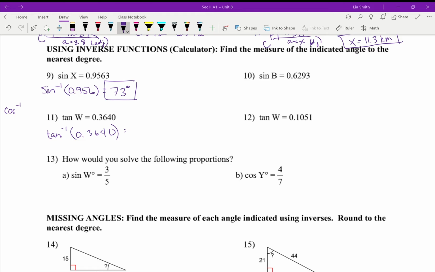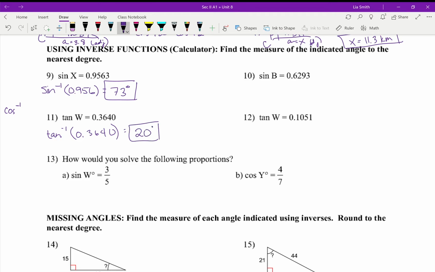I'm going to go over to function, inverse of tangent, and then type in the decimal I was given. 0.364. Do I have to put that 0? No. And I get 20.0015. So round that accordingly. So your missing angle W would be 20 degrees.